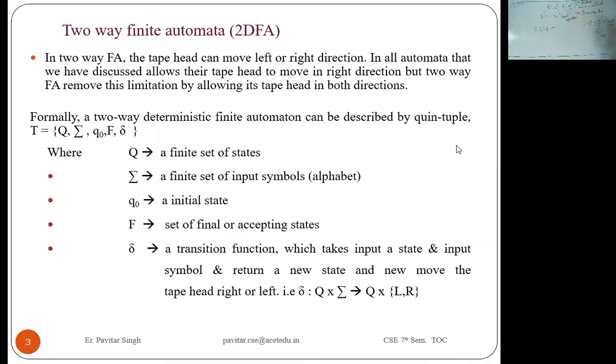Then we have delta. Delta is a transition function which will be written as Q into sigma goes to Q into L comma R. So this is your delta in case of 2DFA, right? Then Q naught is the initial state and F is the final state.